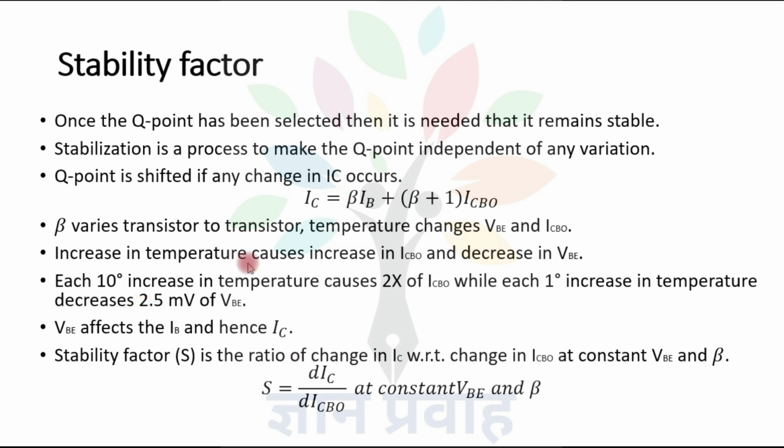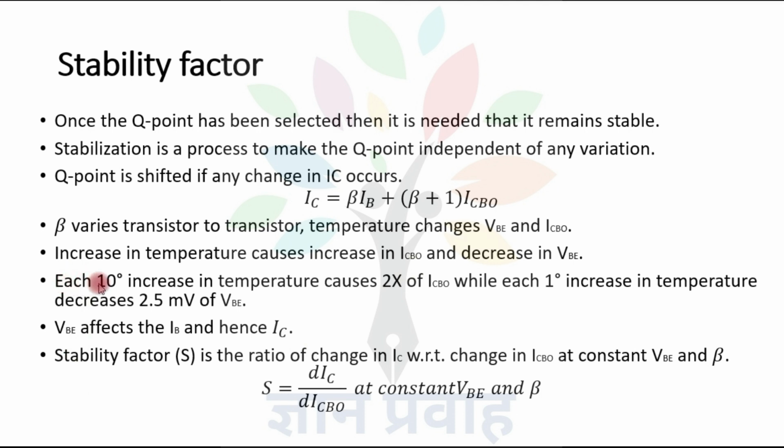So an increase in temperature causes an increase in ICBO. Whenever temperature is increasing, the leakage current is also increasing, and it decreases the input voltage level VBE. When a decrease in VBE occurs, it means the input current IB is also decreasing.